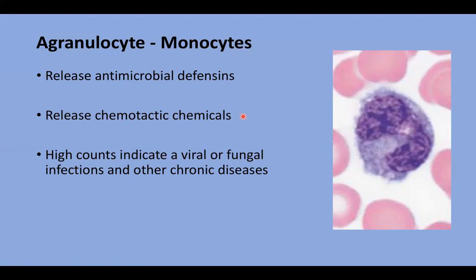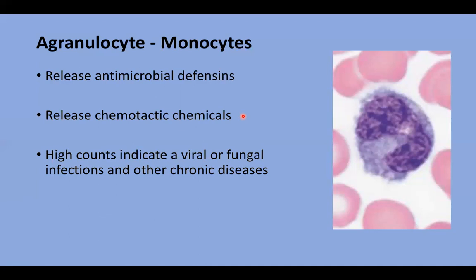So it sends out these chemotactic chemicals to invite all of its friends to the party so that more monocytes are attracted there so the job can be done more swiftly. And of course, as more monocytes arrive, those monocytes are also going to release chemotactic chemicals. And it's kind of this cascade of events that draws more and more white blood cells to the region.